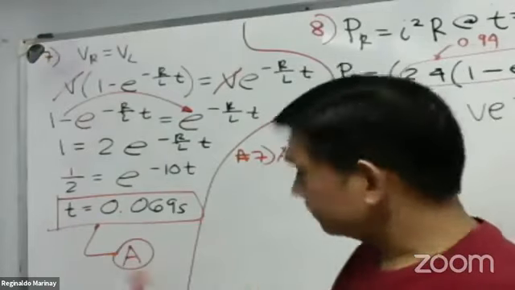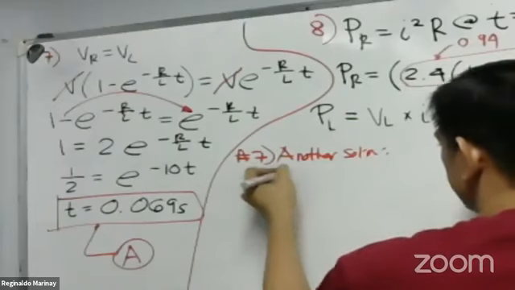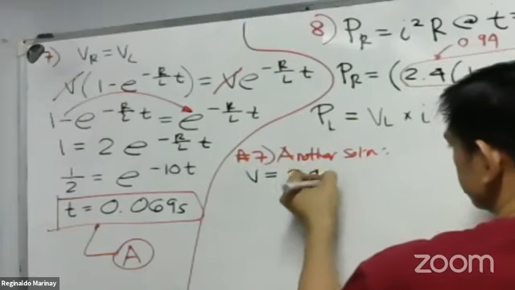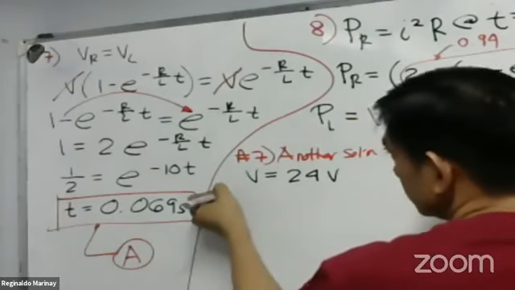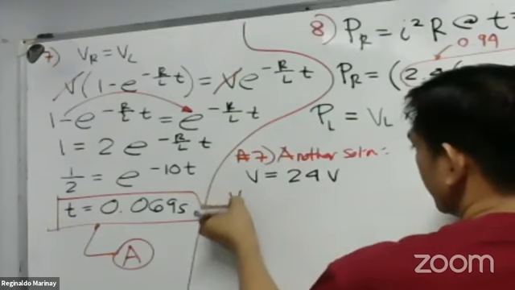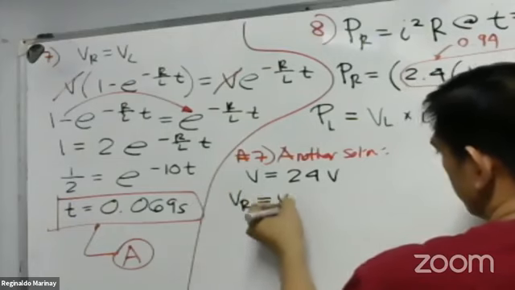What is our total voltage? Our total voltage is 24 volts, isn't it? Now, what will be the value if your BR is equal to BL?